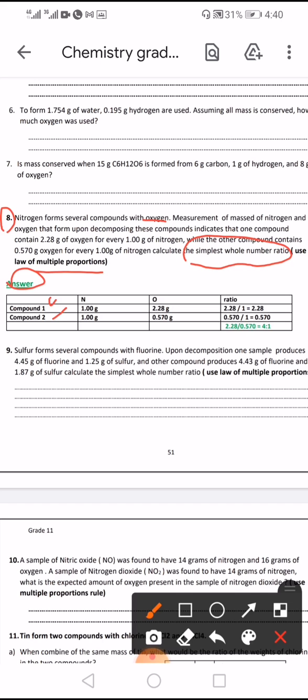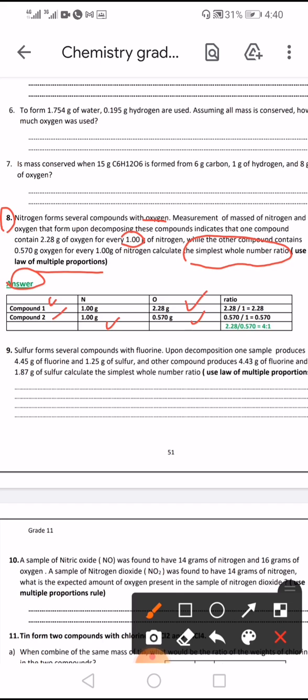The mass of nitrogen in compound 1 will be 1 gram, and the mass of oxygen in compound 1 is 2.28 gram, while the second compound contains 1 gram of nitrogen and 0.570 gram of oxygen.